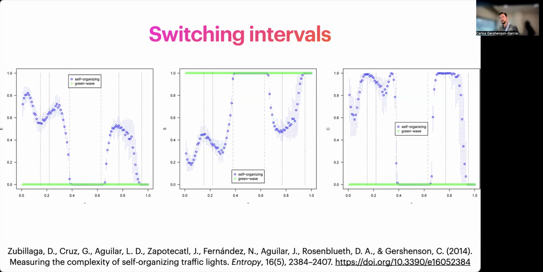For that region of the parameter space, the best strategy is simply to have a fixed interval. Actually, it doesn't matter that much whether it's fixed or not. So in that sense, you have a highly organized regime because they all have the same period. And then for the others, they have high complexity.